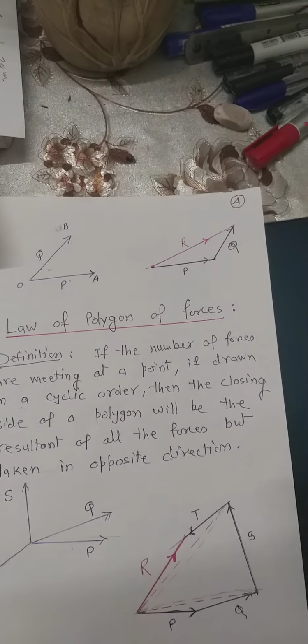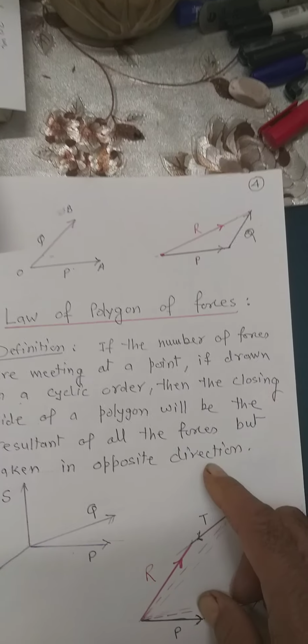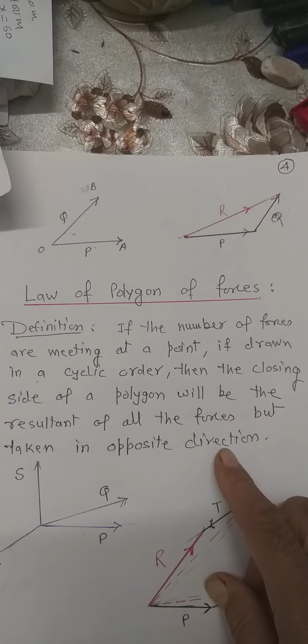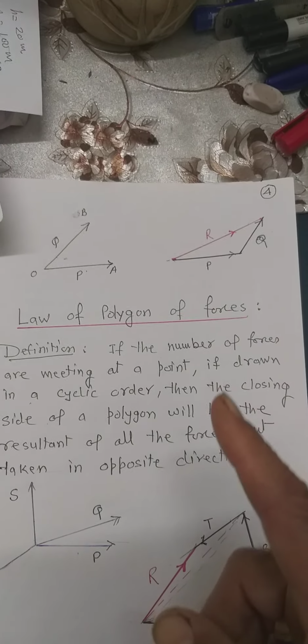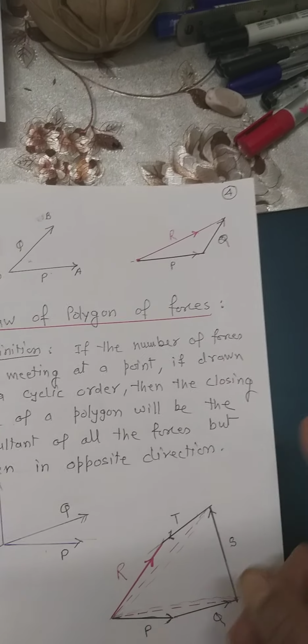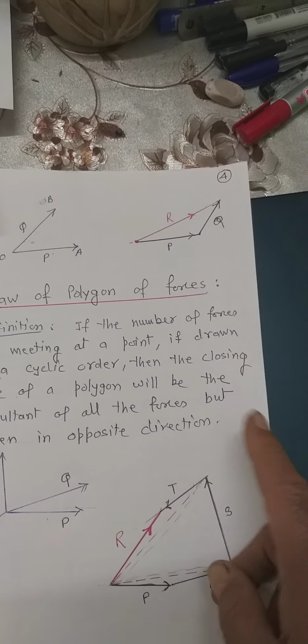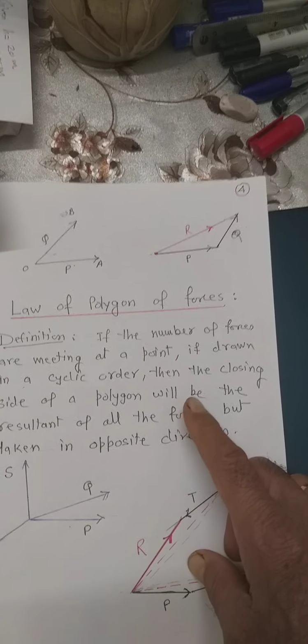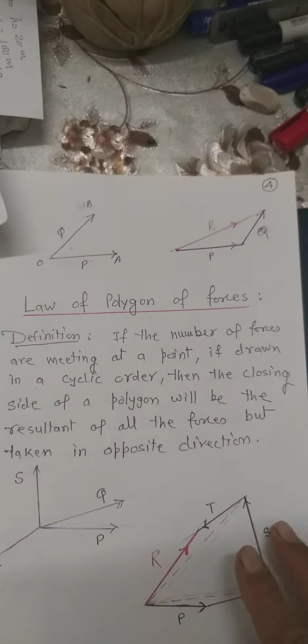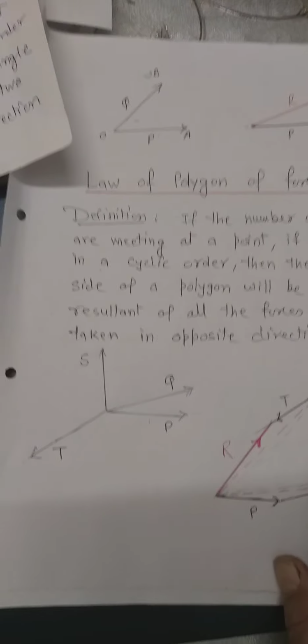The number of forces is more than two. When forces are acting at one point, again drawn in a cyclic order as per magnitude and direction, then the closing side of the polygon will give the resultant in opposite direction.